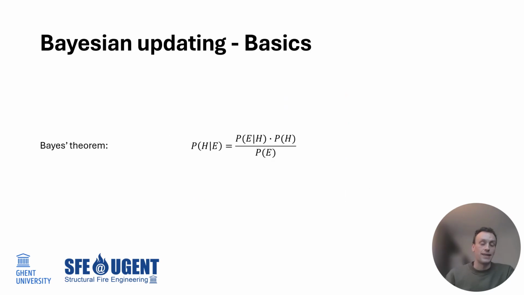Okay, so we have data, we have a model. Now we also need a framework to actually perform the update, and we have decided to use the Bayesian framework to do this. And the Bayesian framework is based on Bayes' theorem.